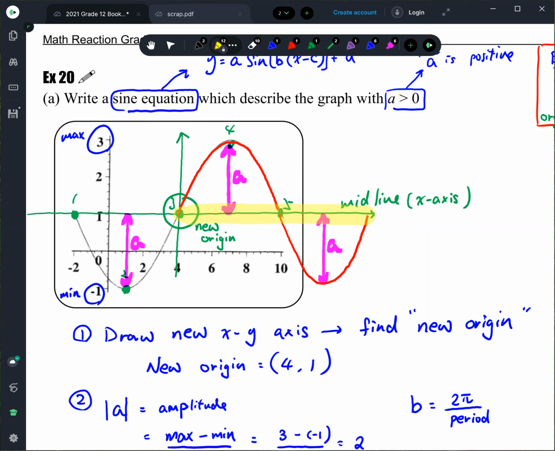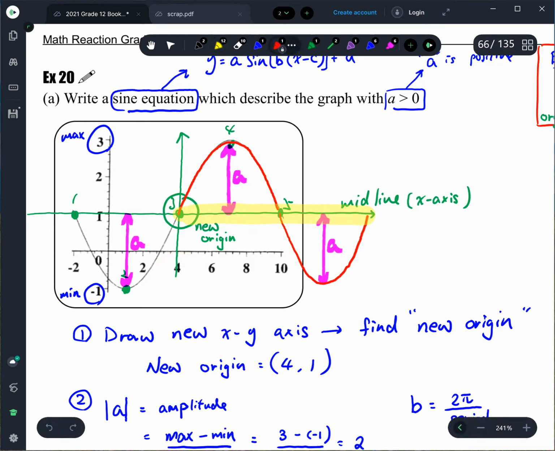So the new origin, or you can look at the size of space. This one is not really clear where the size of space is, but you can look at half of it. The new origin starts at 4.